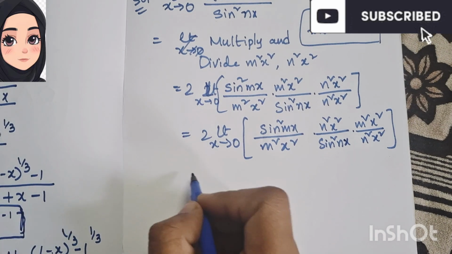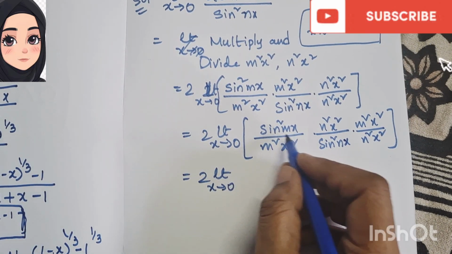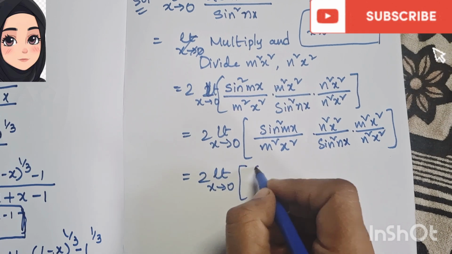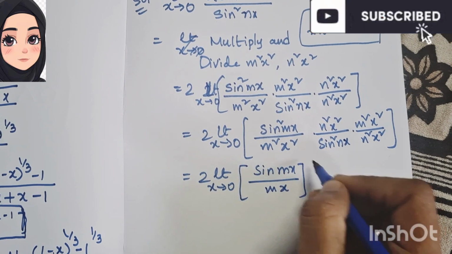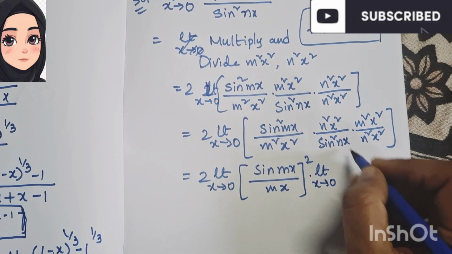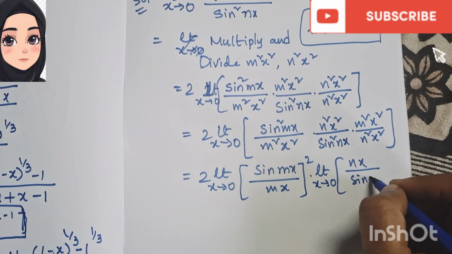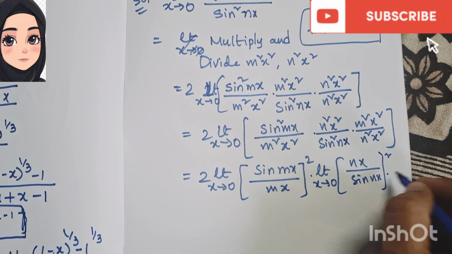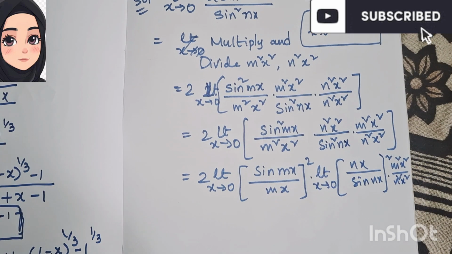Okay, now applying limit for both terms, and sine mx by mx whole square I am writing outside for this. Now limit x tends to 0, separating limit for both terms, nx by sine nx whole square and m square x square by n square x square here.